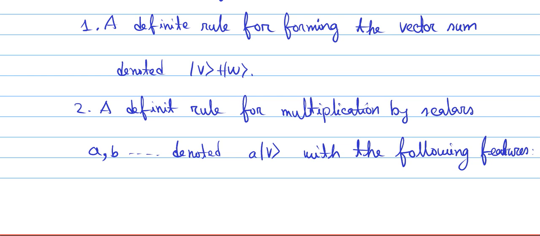So a linear vector space will be a collection of objects called vectors, and those vectors will follow certain rules. There will be a definition of a sum called the vector sum, and a rule of multiplication by scalars, and these sums and multiplications will follow some rules.